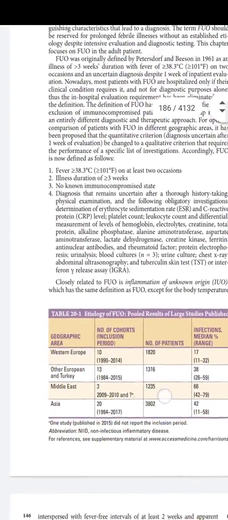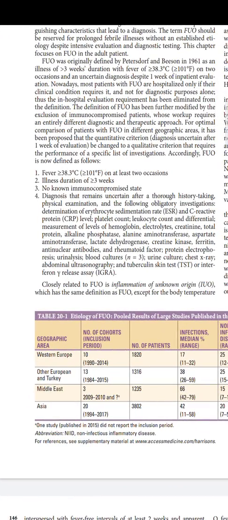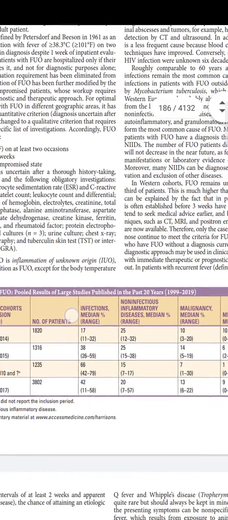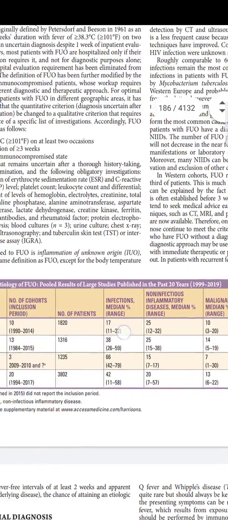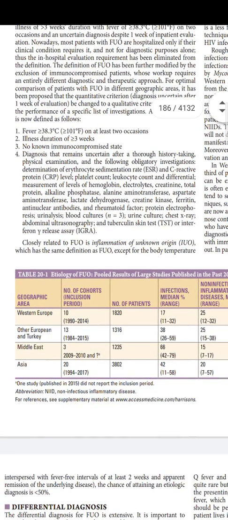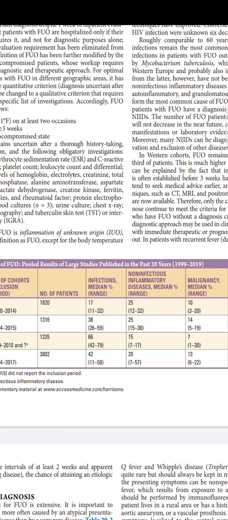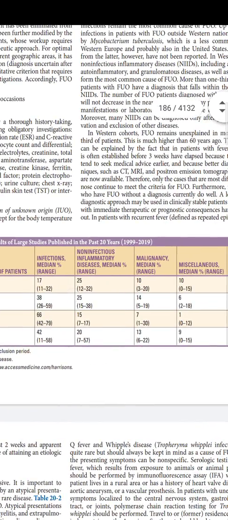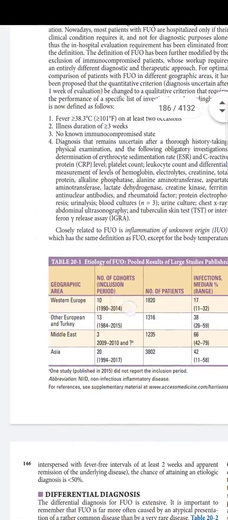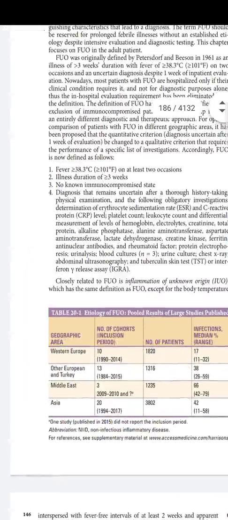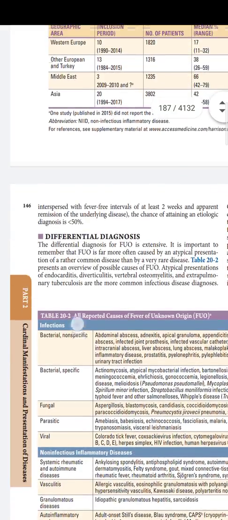There was also a table that was different in the previous edition, the 20th edition. There was etiology of unknown origin according to some studies. But here they have divided it from 1999 to 2019 and according to geographic areas. Everywhere it is similar, infections are common, but malignancy is a little more common in Asia. So we have to go through this table 20.1 in the 21st edition.